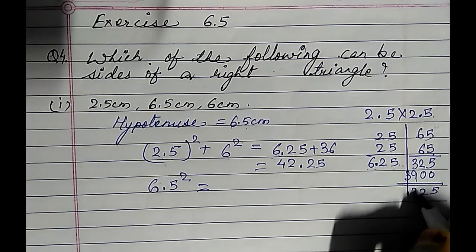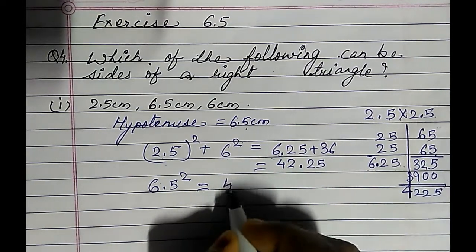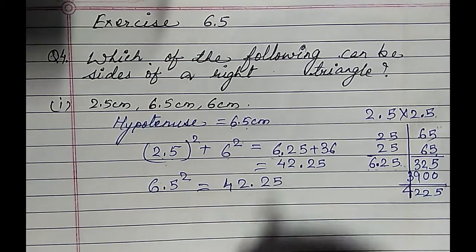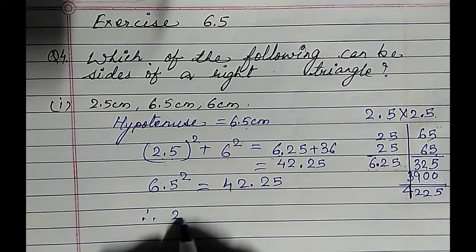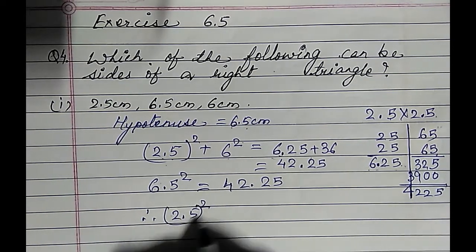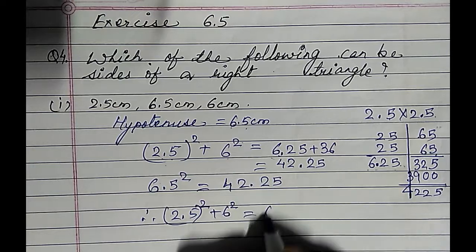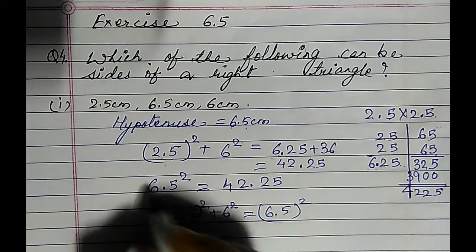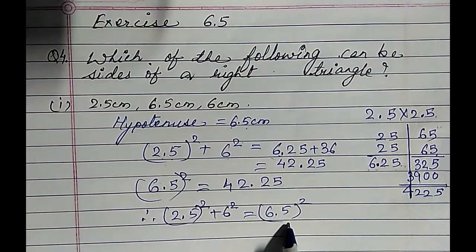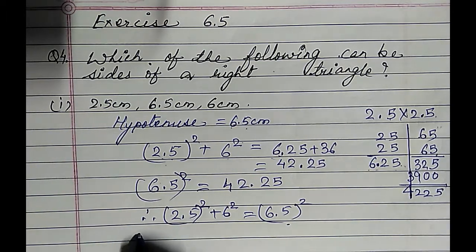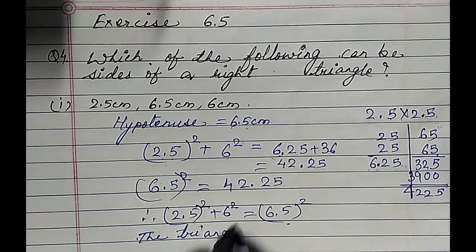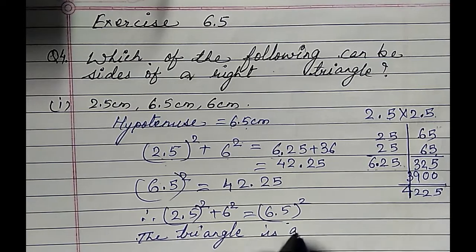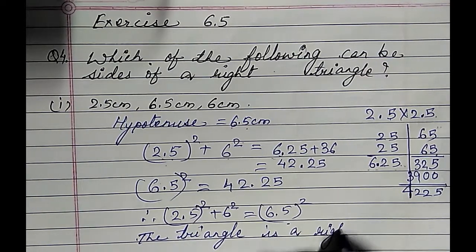So 4225, that is 42.25. दोनों सेम है. इसका मतलब कि 2.5 square plus 6 square is equal to 6.5 square. So it is following the Pythagoras theorem. So the triangle is a right triangle.